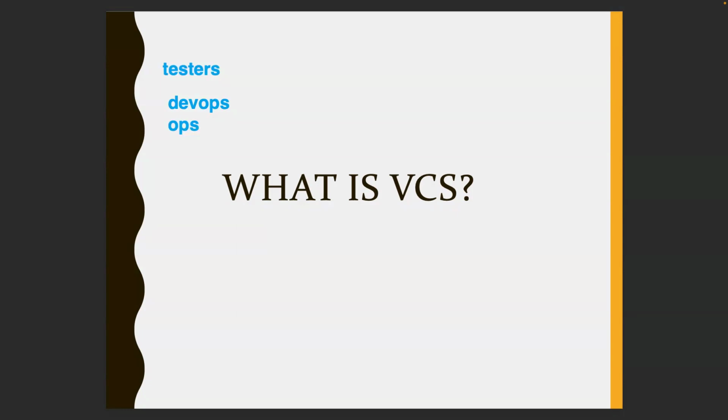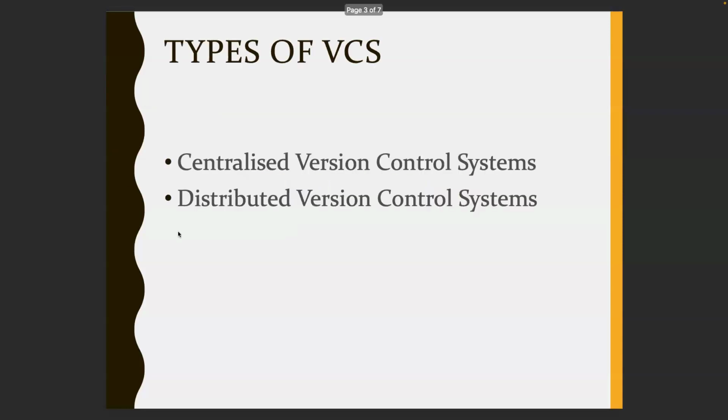Right? So now that we understood what a version control system is and why you should learn it, it need not be developers. Anyone who has some files to manage can use this. So everyone in IT should learn this version control system.